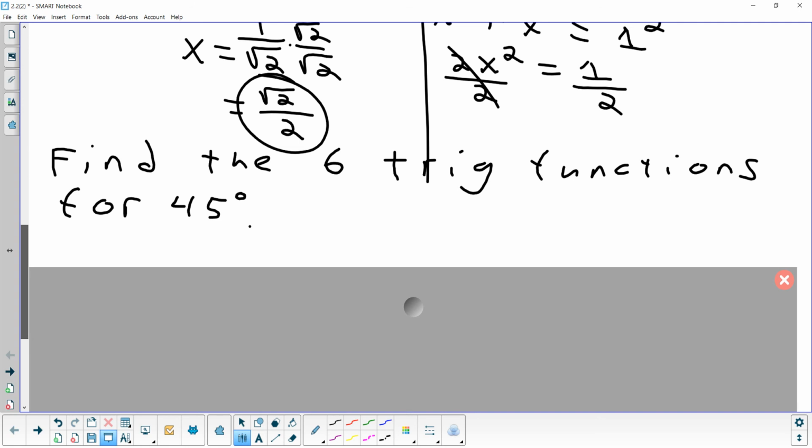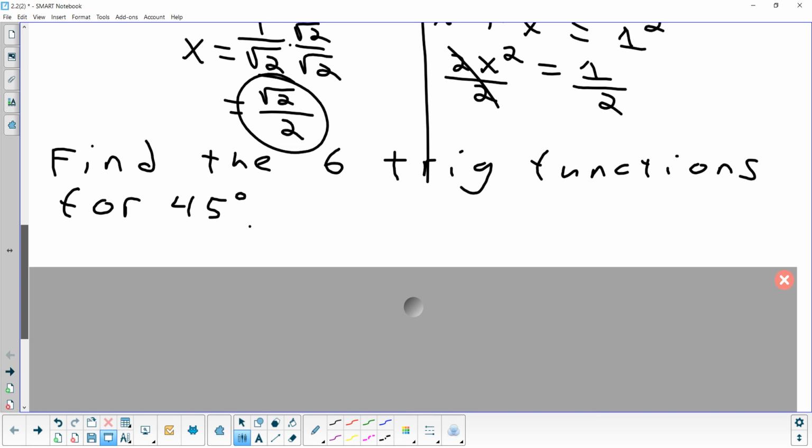And what is that thing that comes after the P equals? That's a coordinate? Coordinate, exactly, good. We're going to need the coordinate for 45 degrees.